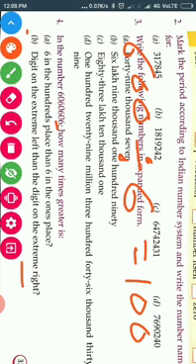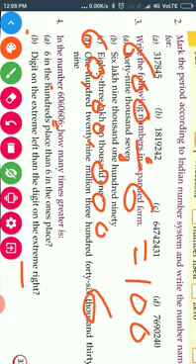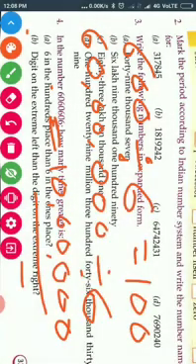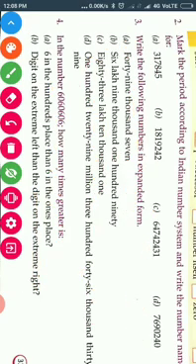The digit on the extreme left is 6, its place value is 60 lakh, and the digit on the extreme right is 6, its place value is 6. If we divide 60 lakh by 6 we'll get 10 lakh. Okay, so this is the answer of B1. Clear? Hope it is clear, and write this one in your notebook.